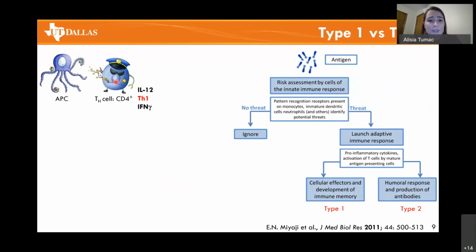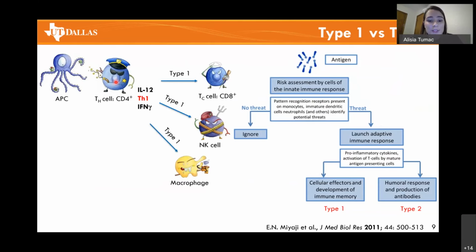If they are to secrete interleukin-12, then the naive T cells will mature into T helper 1 cells, which will later secrete interferon gamma, and this will recruit cytotoxic CD8 cells, as well as natural killer cells and macrophages to the site of an infestation or infection.